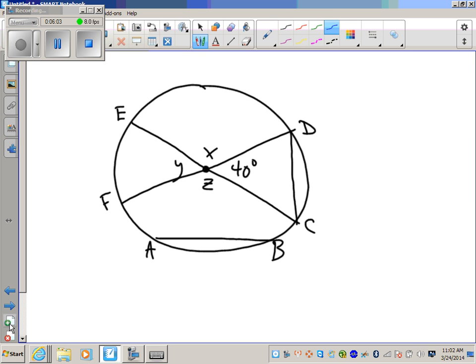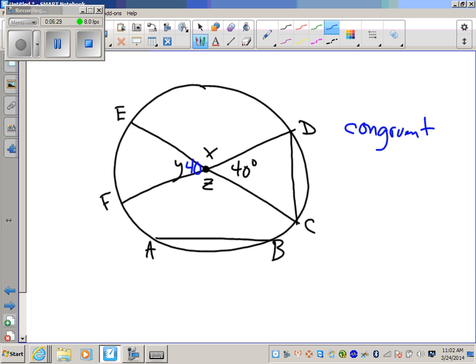They're called vertical angles. Vertical angles, right across from each other, are also what? Not parallel. Congruent, which means they are the same measurement. So if that's 40, angle y is also 40.